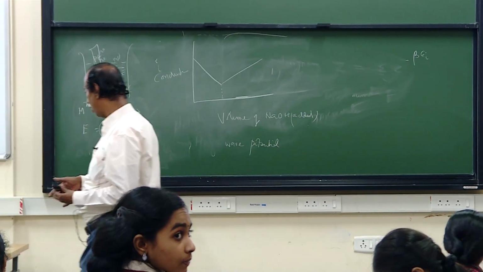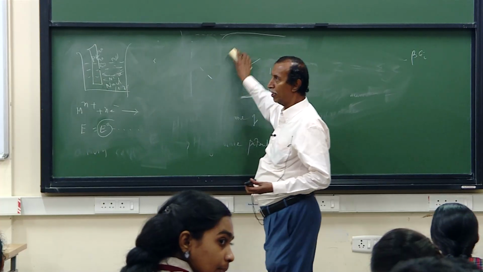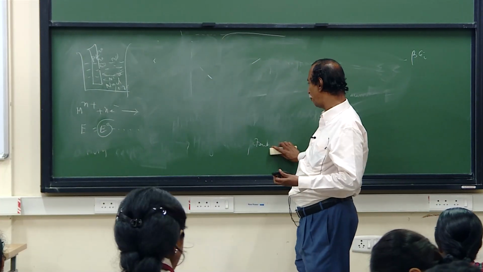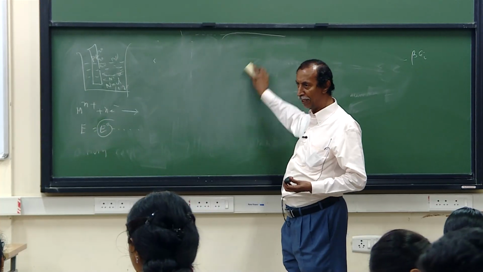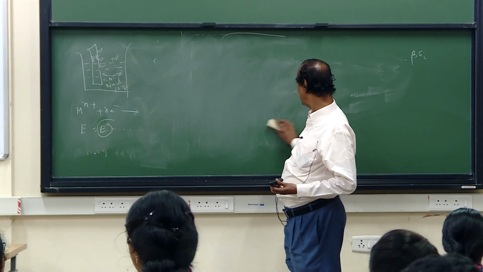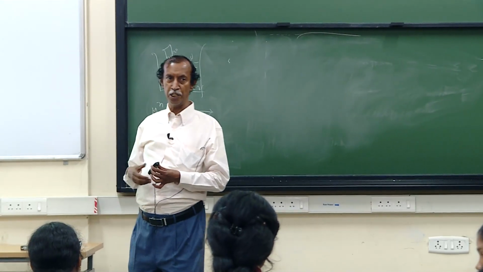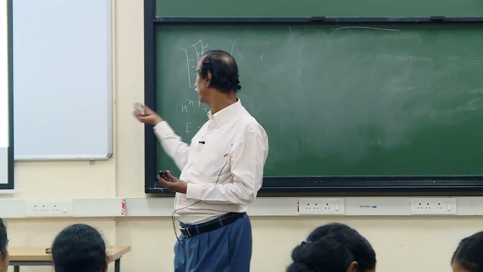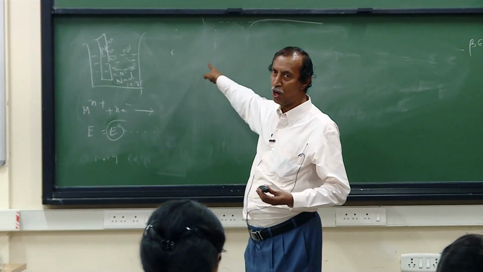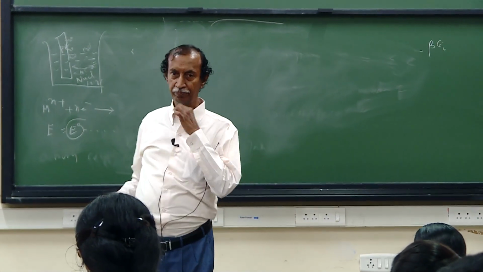That means Ohm's law only, namely, if you apply a potential gradient, that means you apply a potential between the two electrodes, you are bringing about migration. After all, ionic conductivity is what? It is a measure of how the ions respond to an electric field. So you apply electrode potential, how much is the conductivity? If you know, you will know how much is the migration effect. That's it.